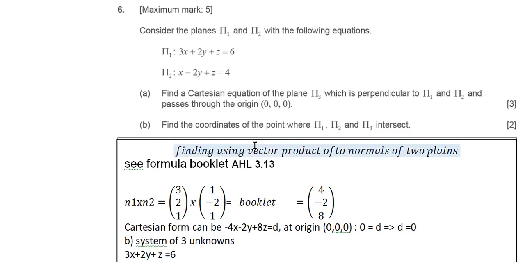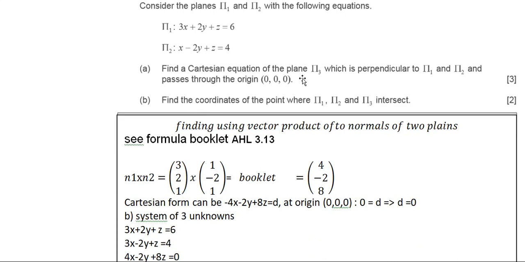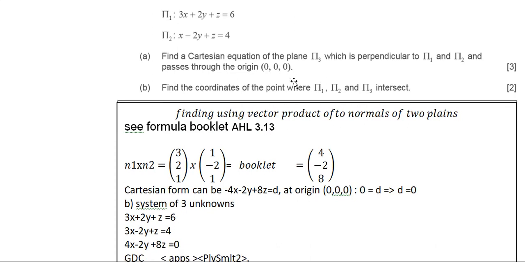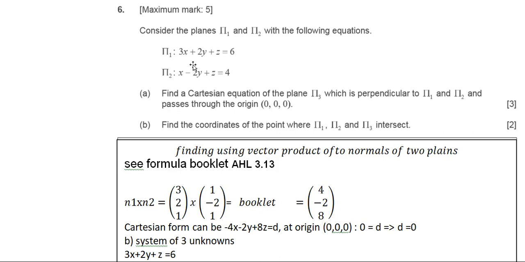Question 6. Consider two planes P1 and P2. Find a Cartesian equation of plane P3, which is perpendicular to P2 and P1 and passes through the origin. Of course, we need a vector product. The normal vectors have coordinates 3, 2, 1 and 1, minus 2, 1.